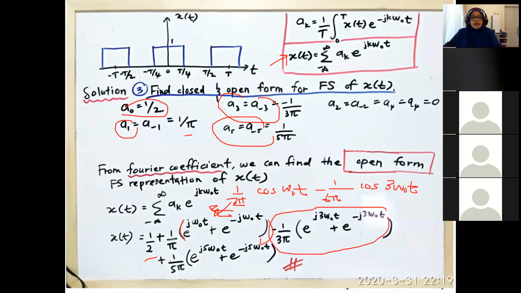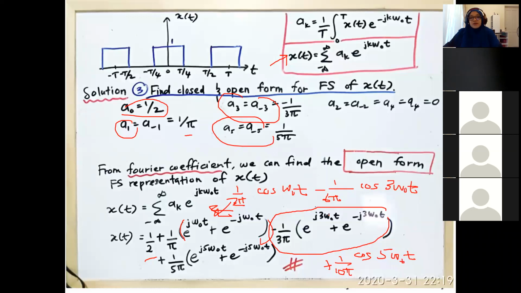And then next is plus 1 over 10π cos 5ωt. So what do you see here?